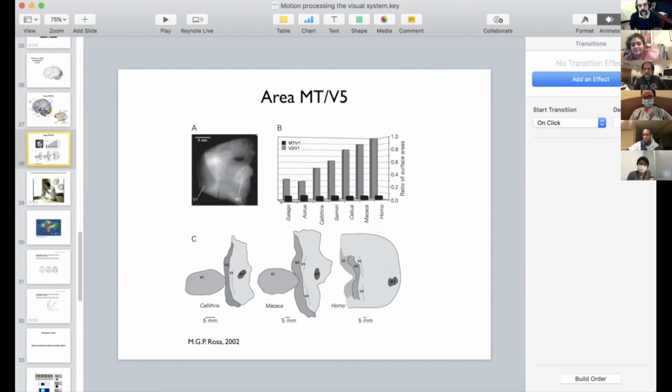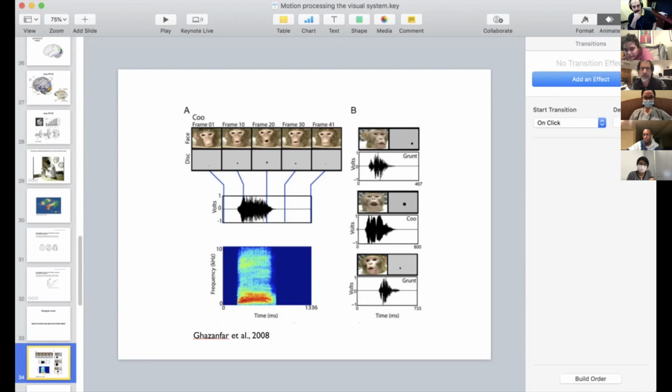Go ahead. It's okay. It's a question that is related to the Gassenfar thing. So okay, we have these cells that are sensitive to kind of sound. And then if you show the gist of the mouth movement associated with that sound, these cells fire.